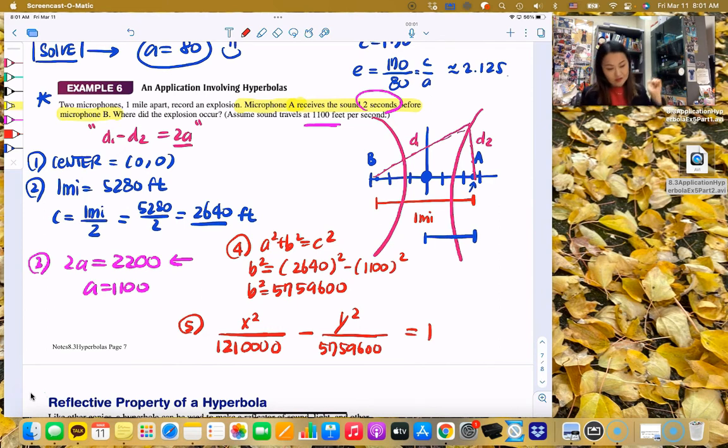Remember, microphone A receives the sound first. That means along this hyperbola, it's going to hit anywhere along the right branch first. And this shows that path.